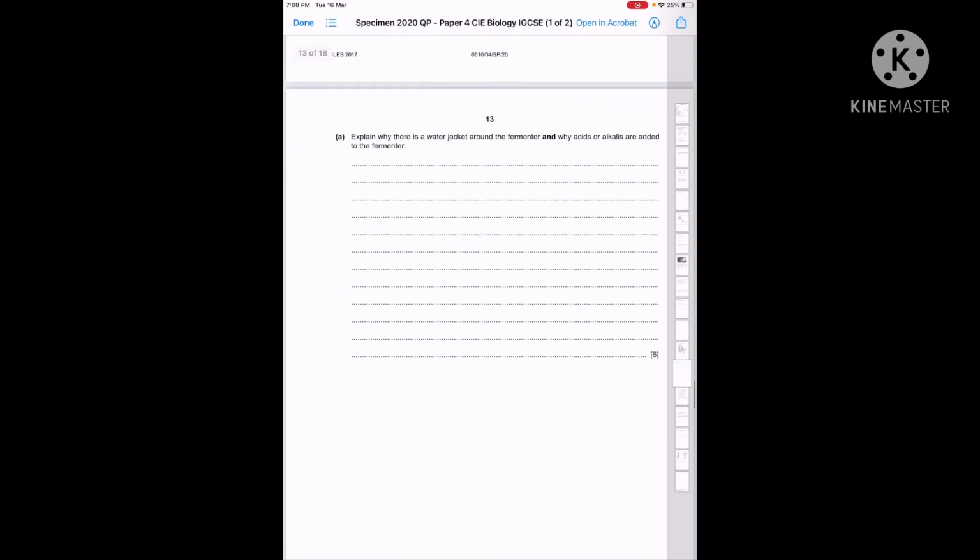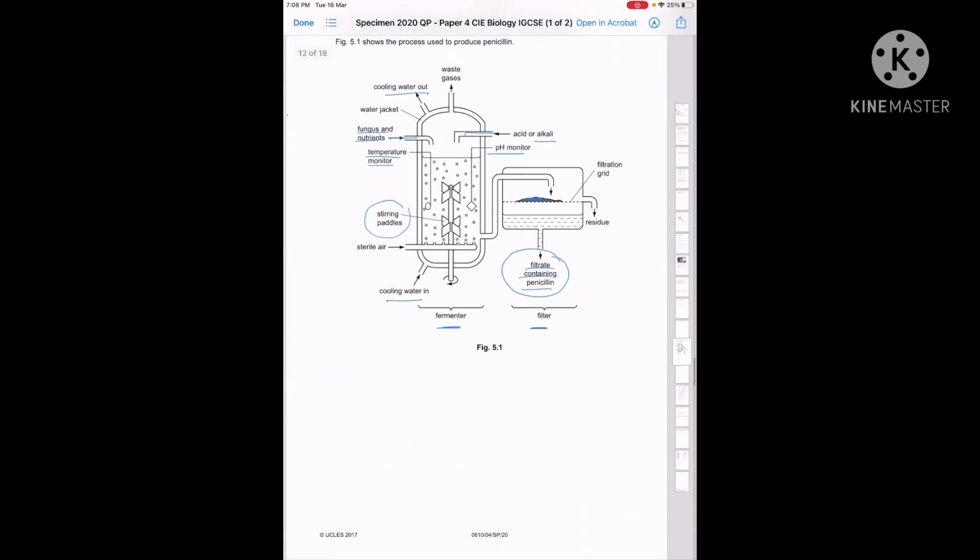Now let's move to the 6 marks question. Explain why there is a water jacket around the fermenter and why acid and alkalis are added to the fermenter. Basically, they're talking about this water jacket over here that takes cool water in and then there's another outlet for the cool water out.